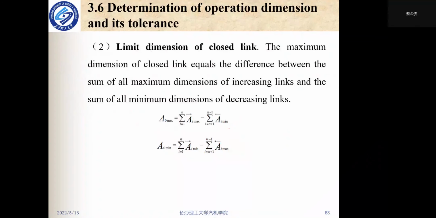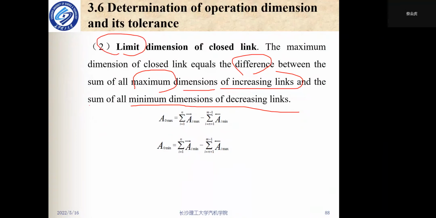The maximum dimension of the closed link equals the difference between the sum of all maximum dimensions of increasing links and the sum of all minimum dimensions of decreasing links. This is the limit dimension.